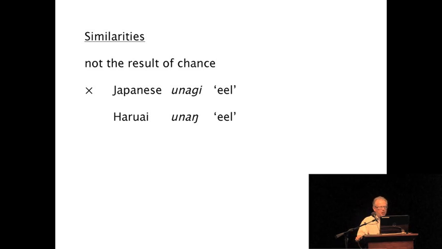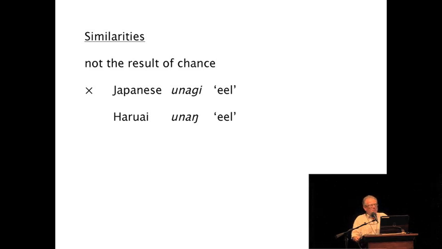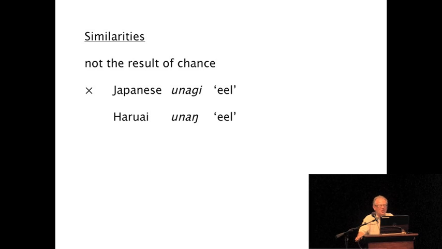About 30 years ago, I happened to be working on two languages. One, Japanese. This was a private language project. Since then, we have two grown-up children. Plus a scientific research project, Haruai, so doing field work on a language spoken in the highlands of New Guinea.